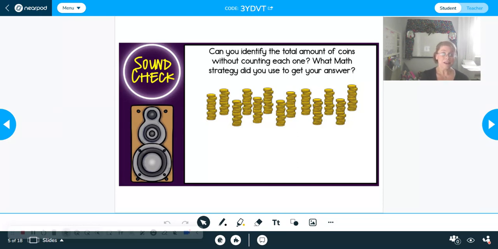What we're really wanting them to do is identify equal groups, use multiplicative thinking, and then talk about that. So we're wanting them to identify, hey, there are X number of coins, and in each group there are, and there are... you see what I'm picking up. You pick up what I'm dropping down.